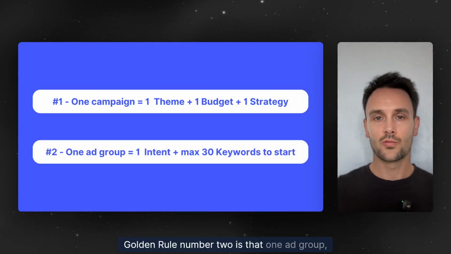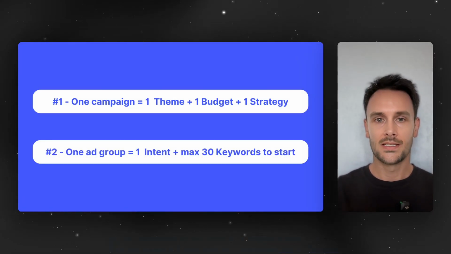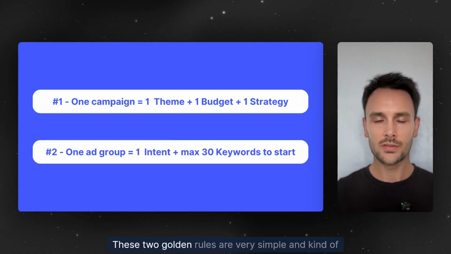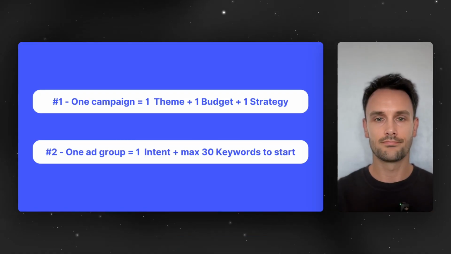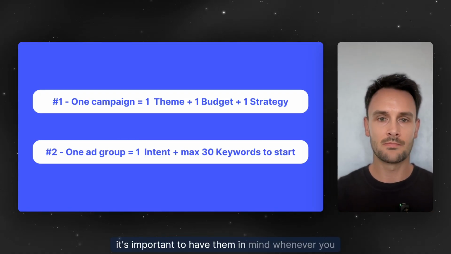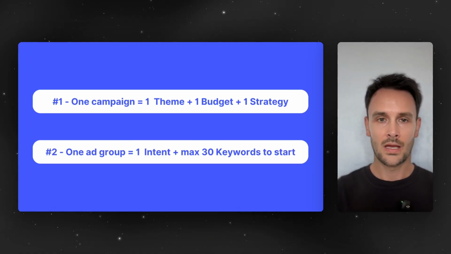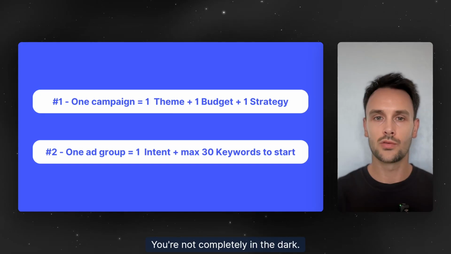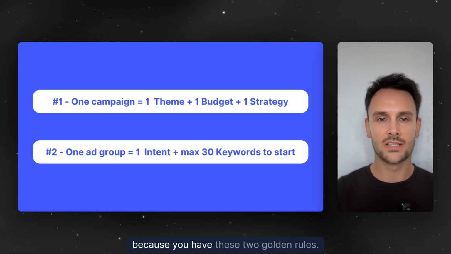Golden rule number two is that one ad group, the box within that campaign, should be one intent and at max 30 keywords to start. These two golden rules are very simple and kind of generic and broad, but it's important to have them in mind whenever you start a new account, just to have somewhere to start. You're not completely in the dark. You have a roadmap of what you're trying to achieve because you have these two golden rules.